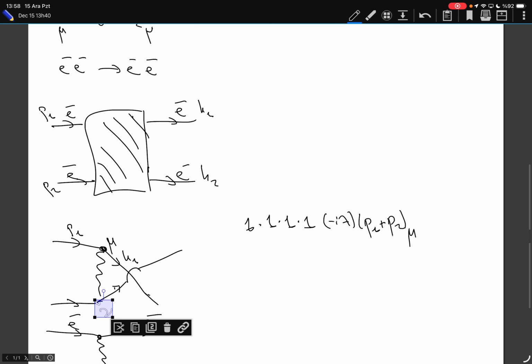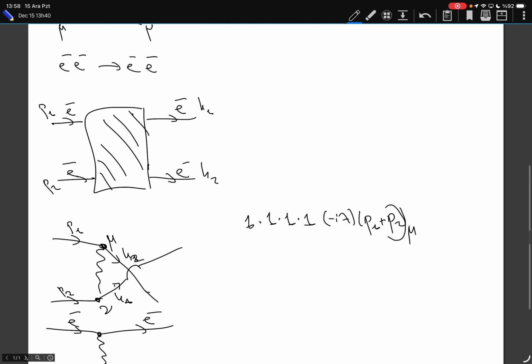Here I have another vertex where the incoming and outgoing momenta are P2 and K2. No, sorry, this is K2, this is K1. So it is P1 plus K2, index mu. Then I have another vertex over here. The corresponding contribution is minus i lambda (P2 plus K1), index nu.